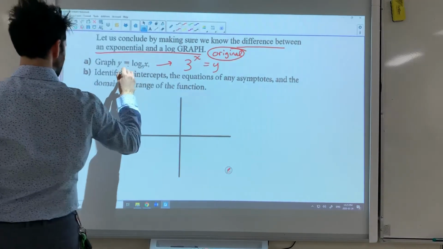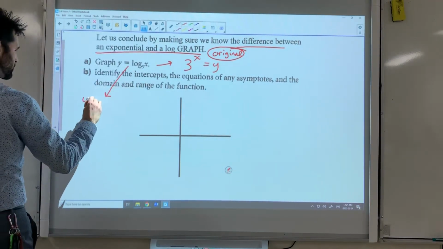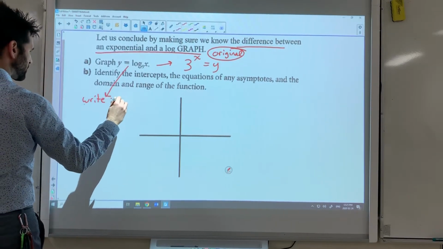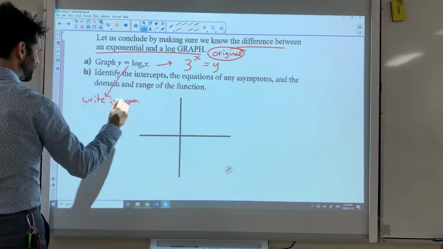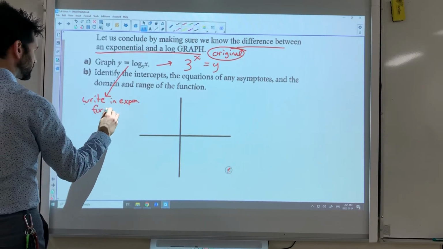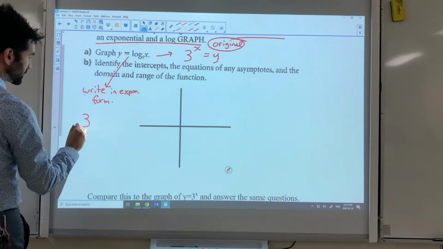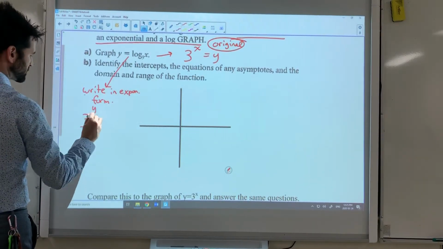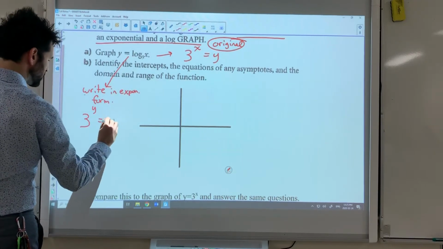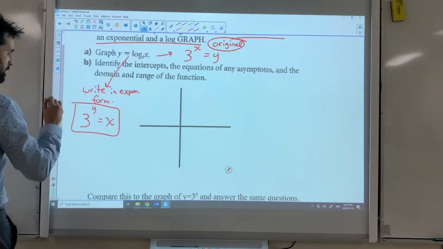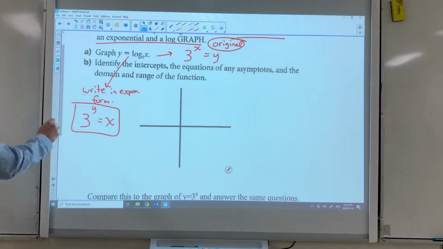You could take this and write an exponential form. So the base, 3, raised to the power of the answer equals the argument. And you can go ahead and graph this. You need to remember a couple of key points.